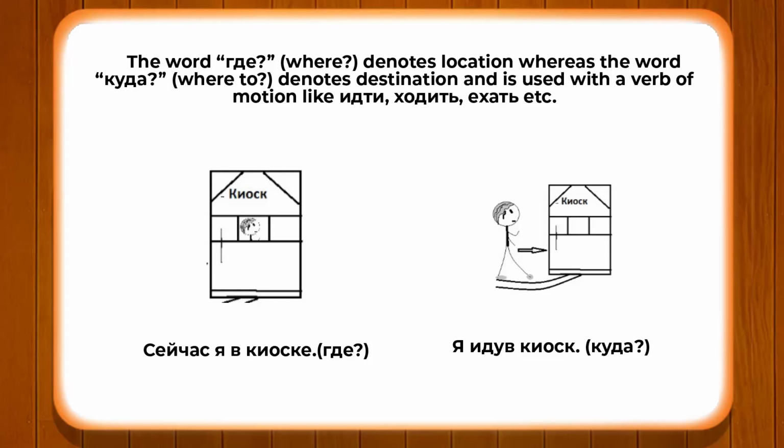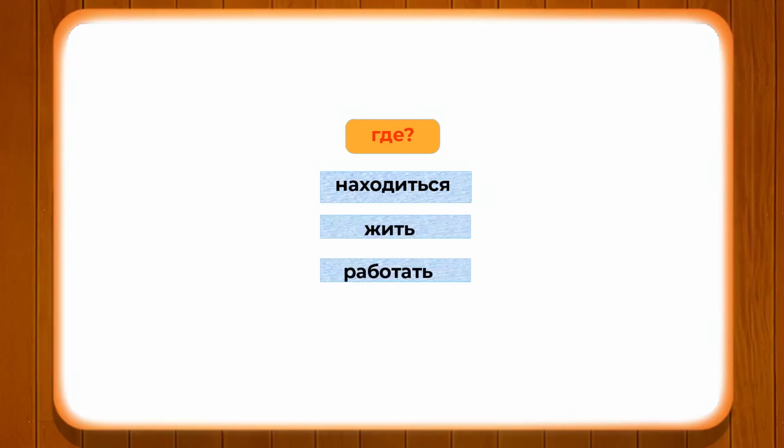Now let's pay attention to some of the basic verbs which we use with где or куда. So with где, when we need to ask the question where, in the prepositional case, we can ask the question with the help of verbs like находиться, жить, работать and играть. Где он играет? Он играет на стадионе.